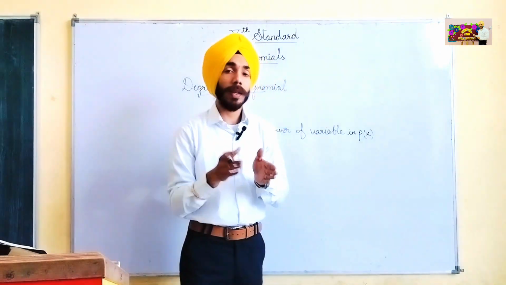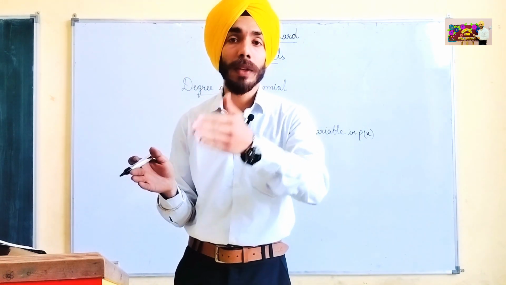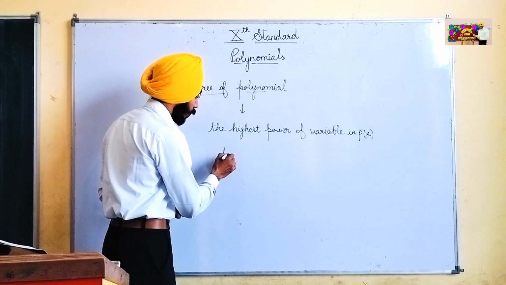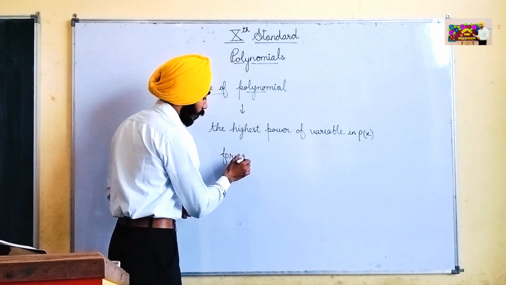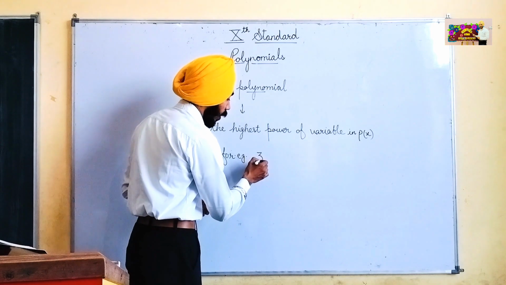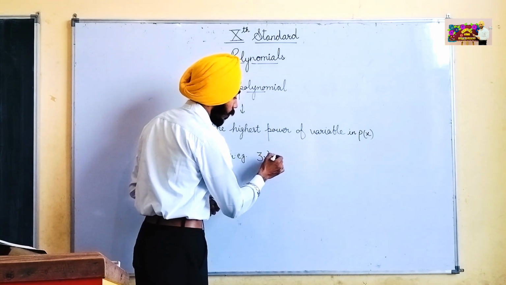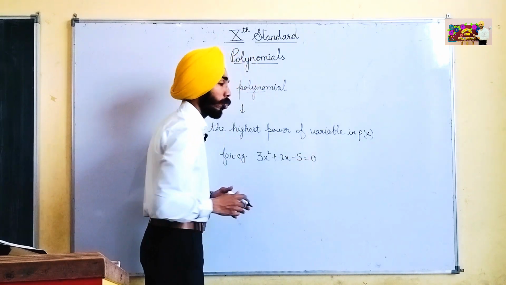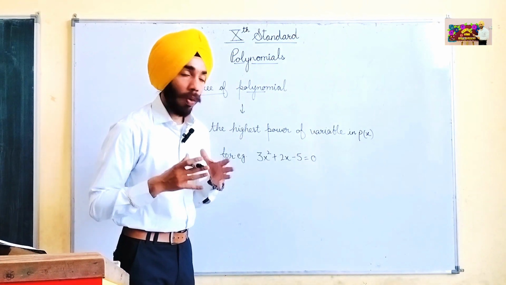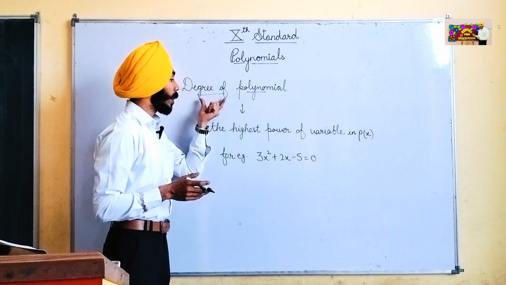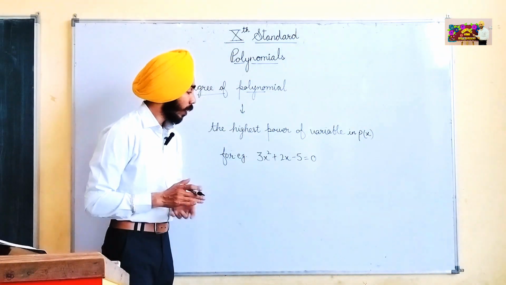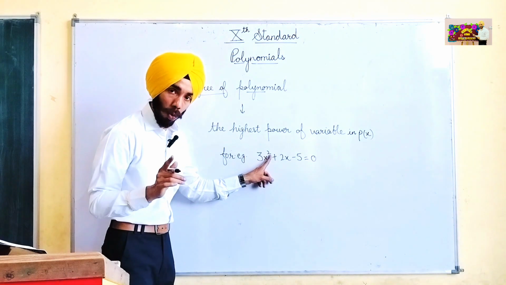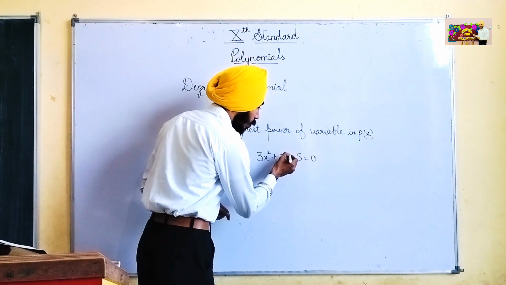That polynomial can be in any variable, y, z, etc. For example, 3x square plus 2x minus 5, which is equal to 0. Now, we know that degree means highest power. So, in this polynomial, here is 2 and here is 1.